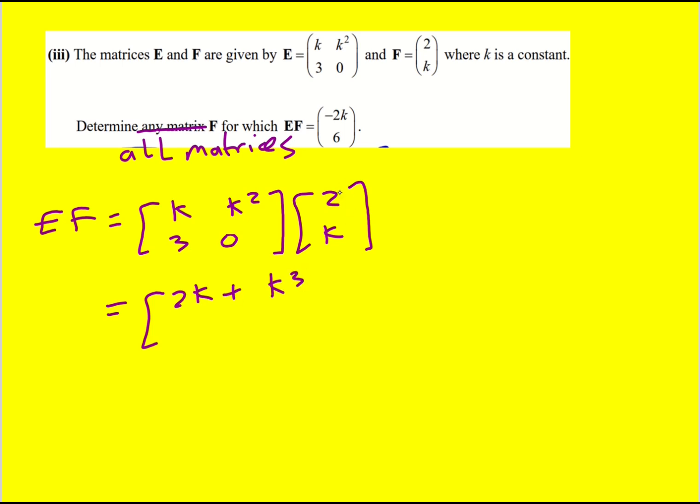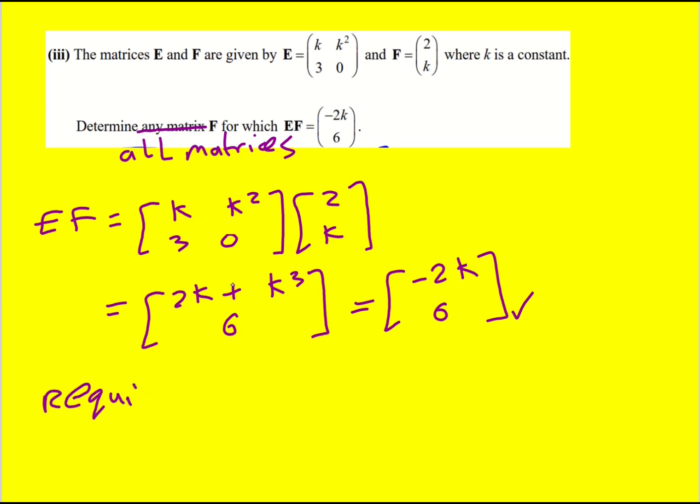And the bottom, I just get 2 times 3 plus 0k, I'm going to get 6. And I want that to equal minus 2k, 6. So the bottom is always okay. What I require is that the tops are the same. Which means we've got k cubed plus 4k is equal to 0.